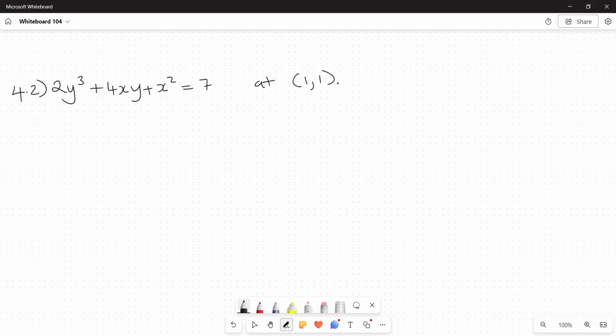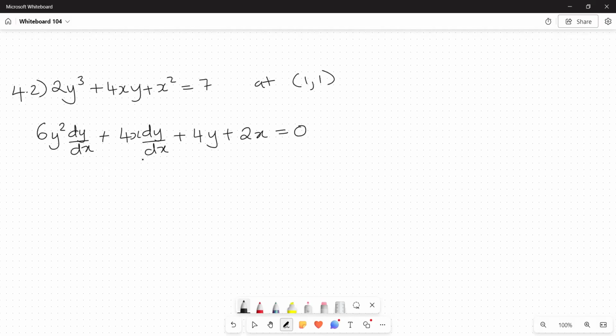So doing that, the derivative here, we have 6y squared multiplied by dy/dx. And to differentiate here, we use the product rule. So we have 4x dy/dx plus the derivative of 4x, which is 4, multiplied by y, and then the derivative of x squared, this is 2x, the derivative of 7 is 0.